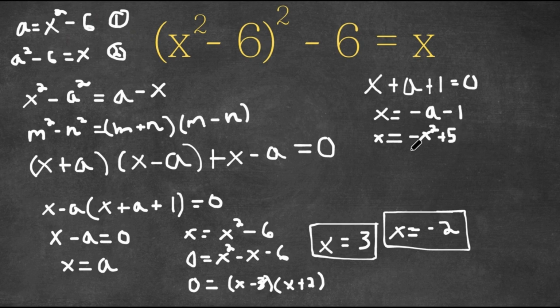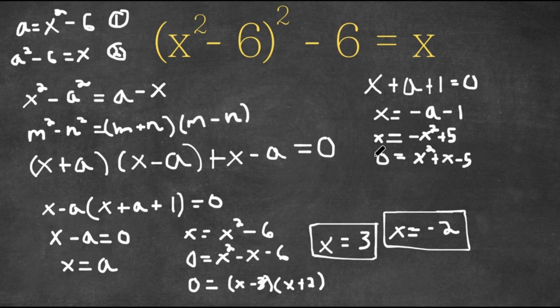So now if we subtract x on both sides, we get 0 is equal to x squared plus x minus 5.